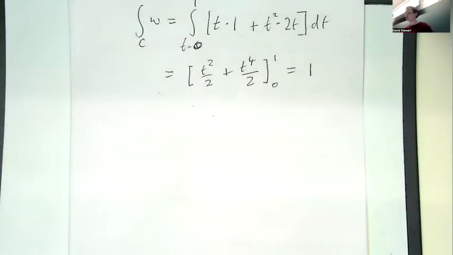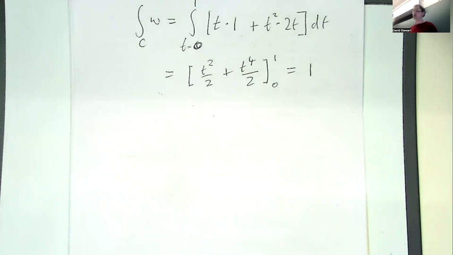So let's continue. One of the things that is not clear is that the integral of this one form over a curve requires you to have picked a parameterization. And there are lots of different parameterizations.